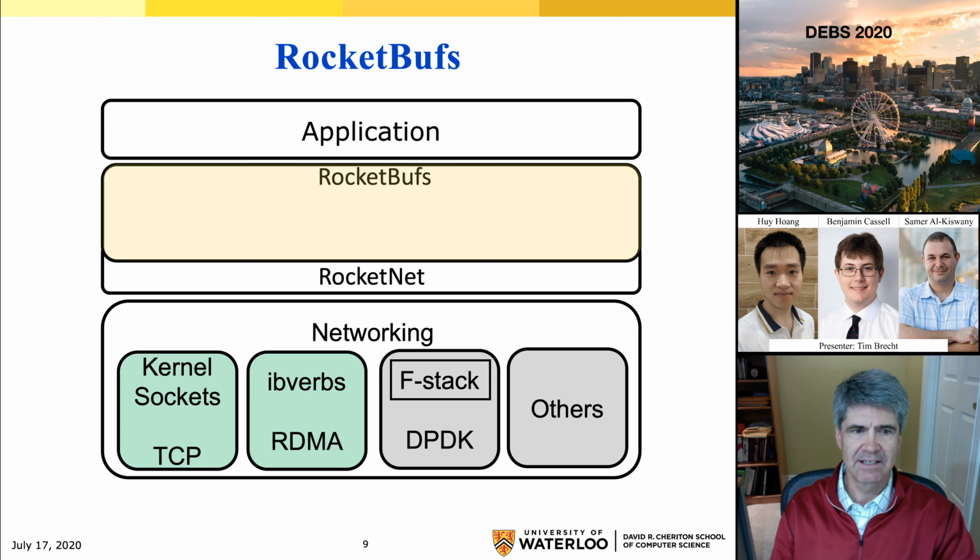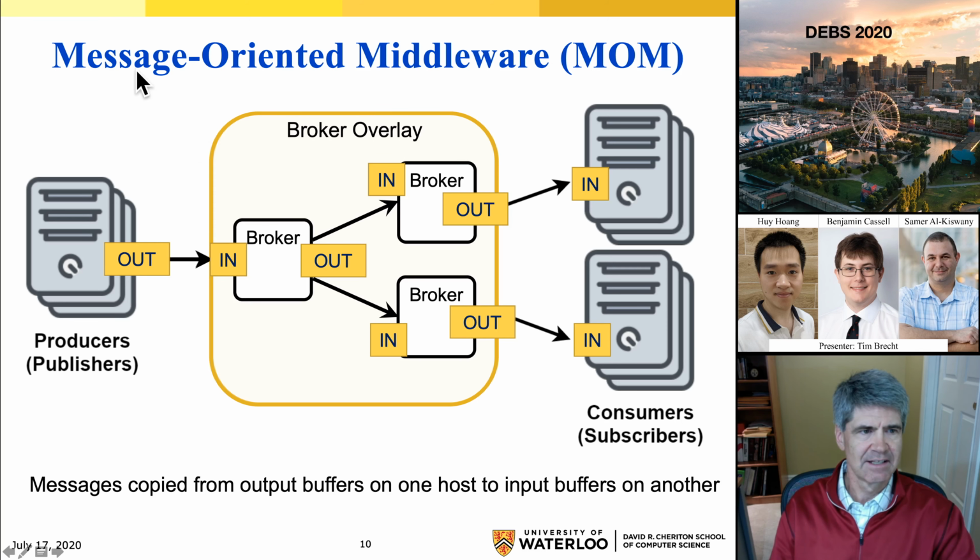In a similar fashion, we noticed that MOM systems also contained key components where they have data that needs to be transferred from memory in one host to memory in another host. And it's also often the case that data ingested at one host becomes output to other hosts.